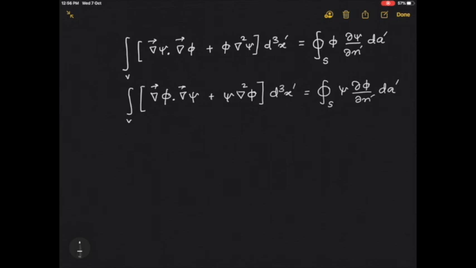If I subtract one from the other, you see that the first term is exactly the same.